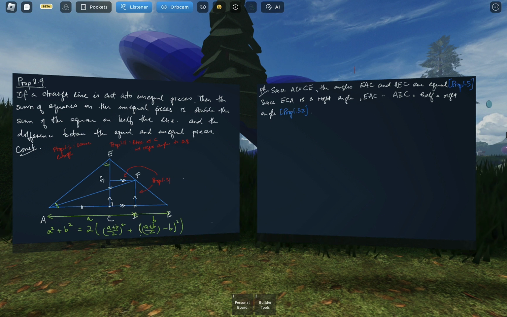We've cut this line AB into two with a perpendicular line at C, right? So we've got basically the mirror on the other side. So similarly, we get CBE and CEB are both equal to half right angles.